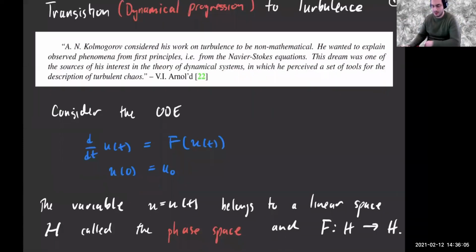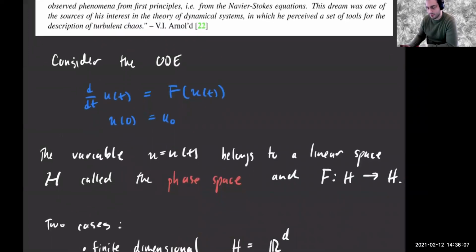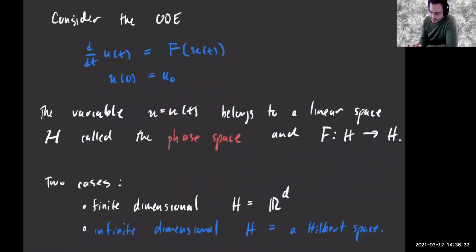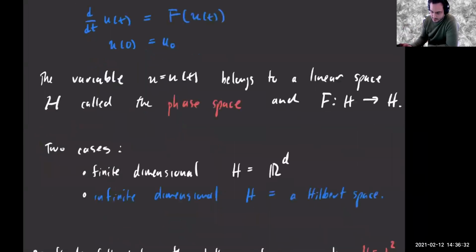So let me just now give you a cartoon of the type of thing we would like to understand. So consider an ODE. So U evolves according to some vector field F of U. And this ODE evolves in some phase space, some linear space H, and F just maps H to H. Now there are 2 cases that let's consider.